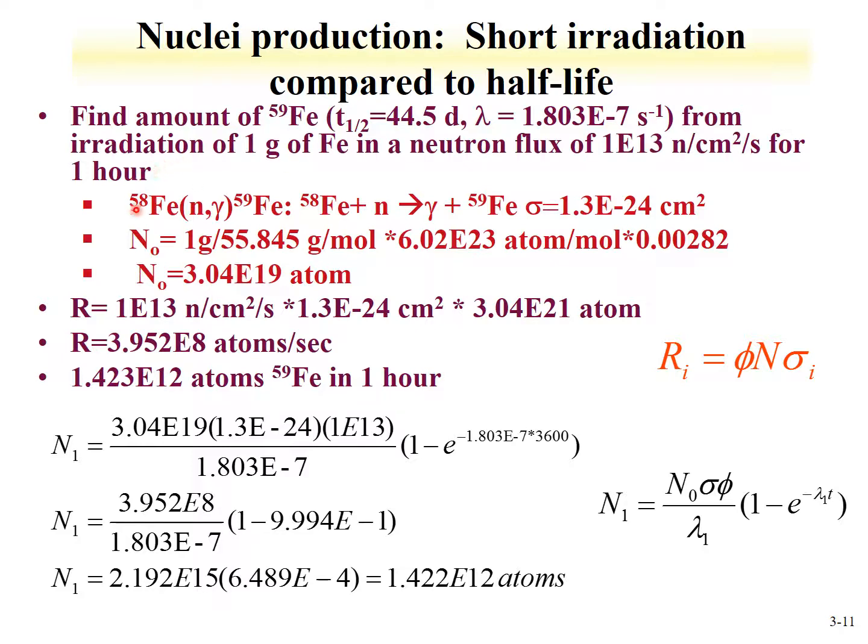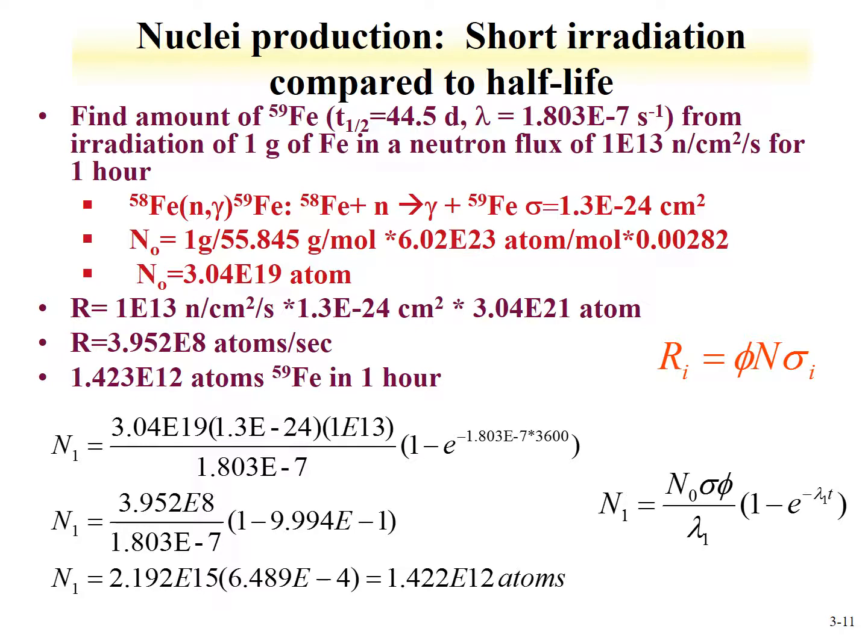This is our nuclear reaction. We have iron-58 plus a neutron going to iron-59. We look up the cross-section for that reaction. It's 1.3 barns, so that's 1.3 times 10 to the minus 24 centimeters squared.